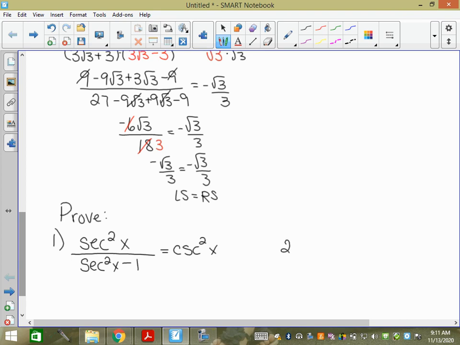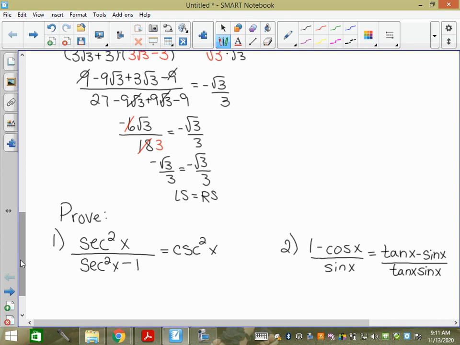And 2: 1 minus cos x divided by sin x equals tan x minus sin x over tan x sin x.